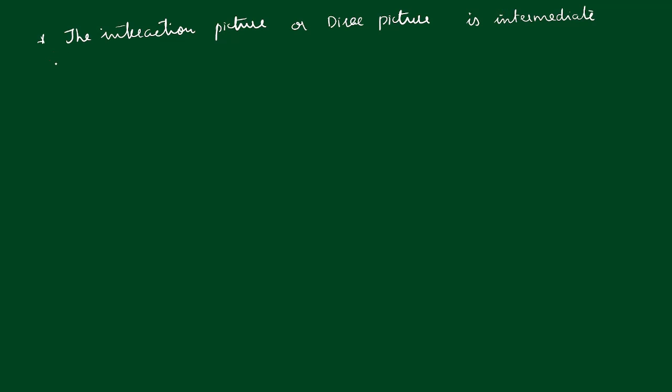All right, so what we have seen is that the interaction picture, or it's also called the Dirac picture, is intermediate between the Schrödinger and Heisenberg pictures.